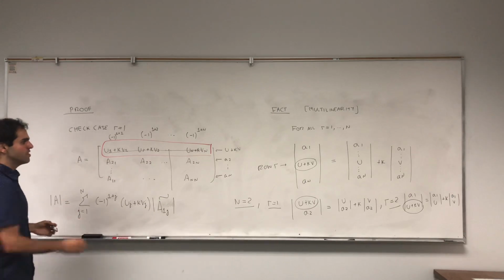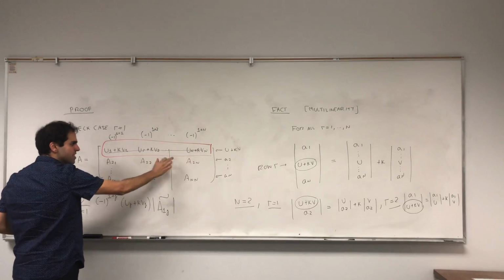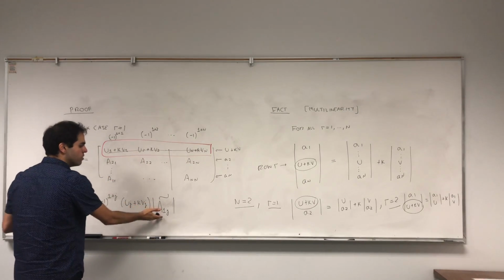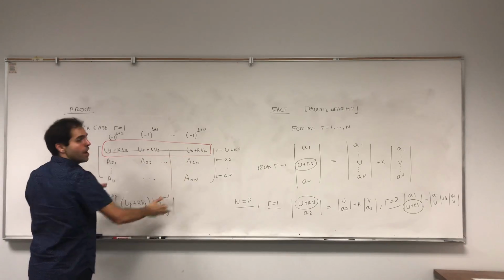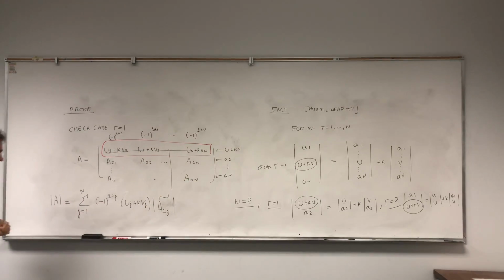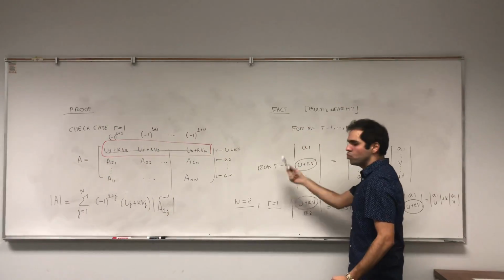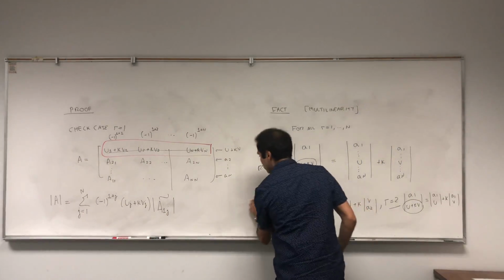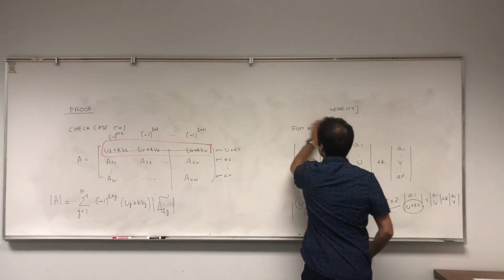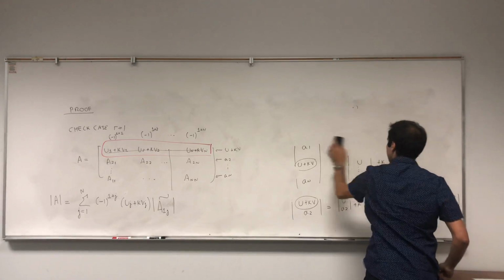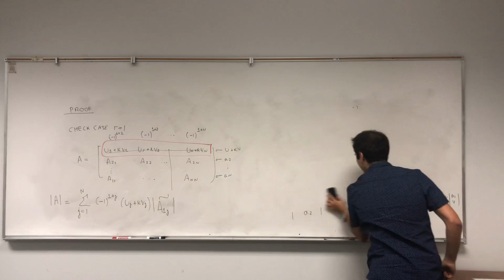A1j squiggle just says, suppose you cross out the row and column of this entry and consider the determinant of the rest, the submatrix. That's not a big deal, because now we can just use distributivity. Those are all scalars, so you can just write it as follows.